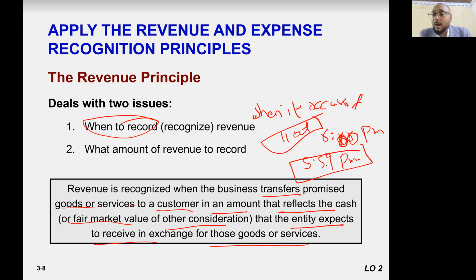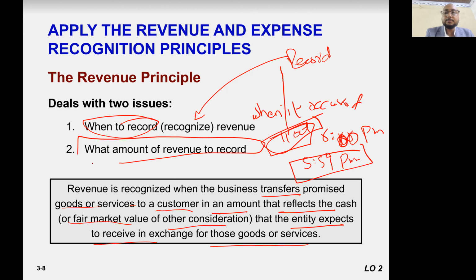Remember, after 1 minute the company is going to close, but since the goods are out of your company premises, you must record sales on the 11th of October. And the word that we use for recording is recognize. Maybe you record on the 12th because tomorrow you come to the office, but the date you mention must be the 11th of October.